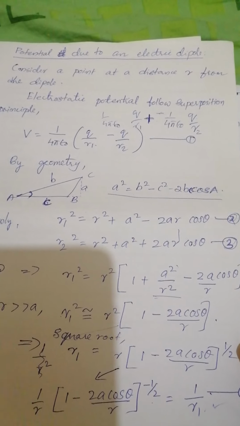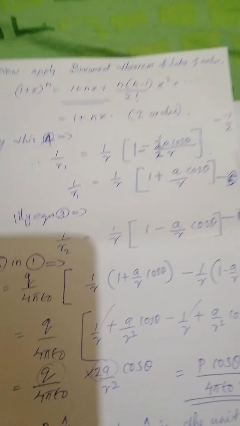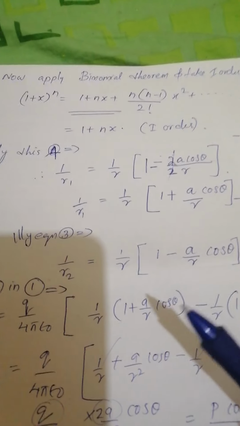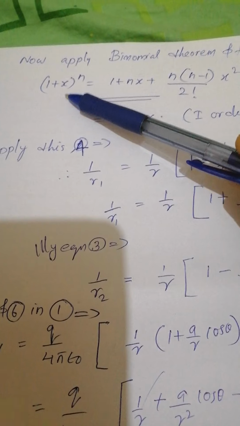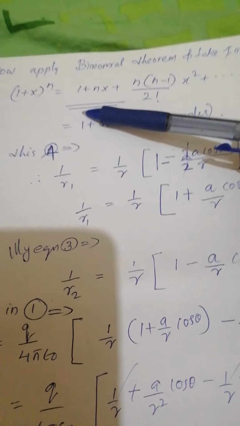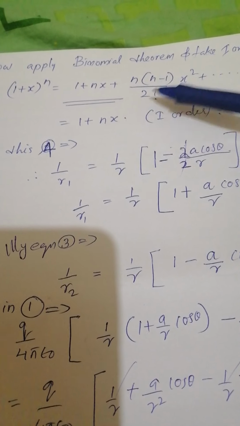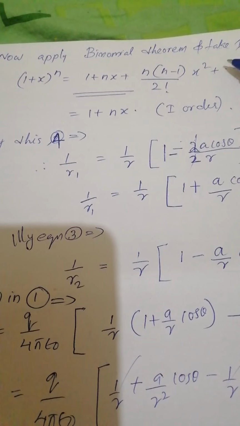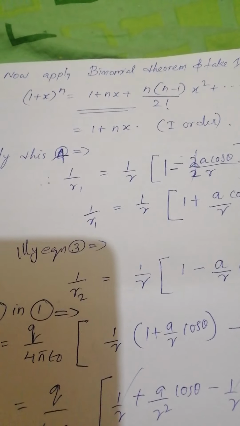Okay. Now we are going to apply the binomial theorem for this equation 4. What is the binomial theorem? It is 1 plus x whole raised to n is equal to 1 plus nx plus n into n minus 1 divided by 2 factorial x square plus third term n into n minus 1 into n minus 2 divided by 3 factorial x cube, like that it will come.